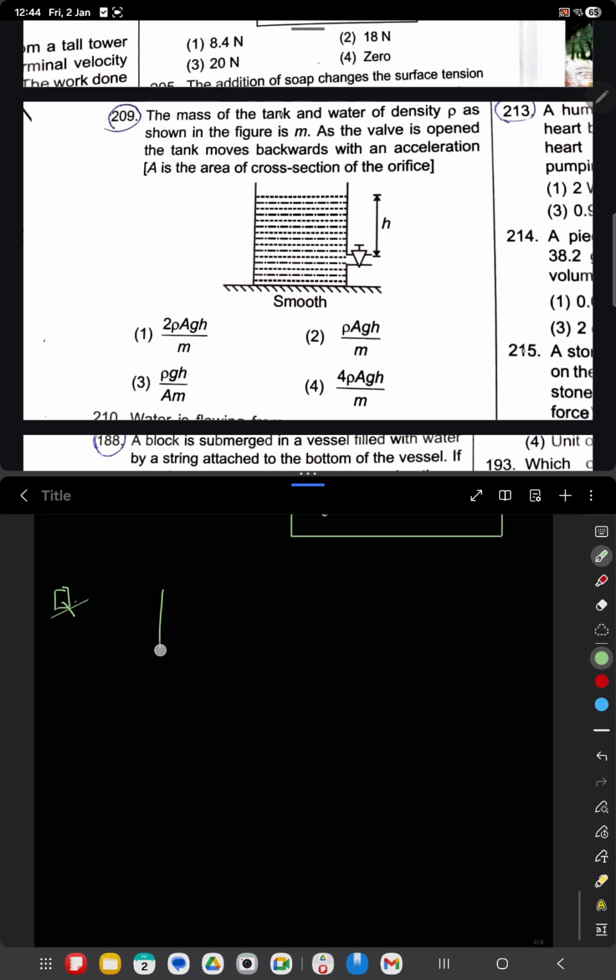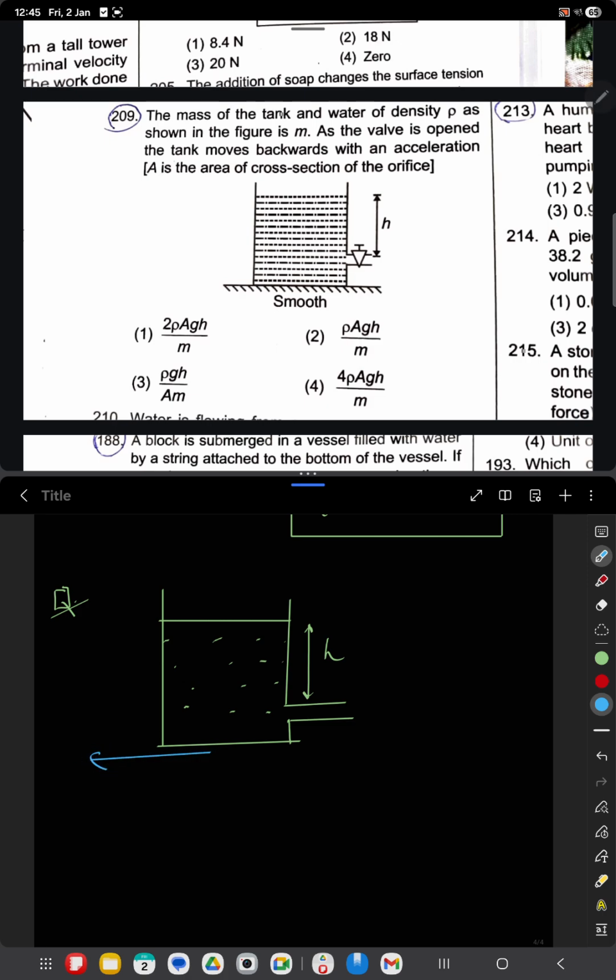This is one more question. The similar concept we have studied in the fluid mechanics class lecture. There is a tank, and this height h is given. You need to find the acceleration of this vessel in the backward direction.